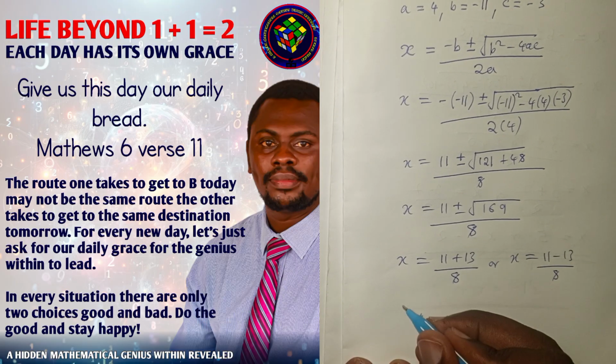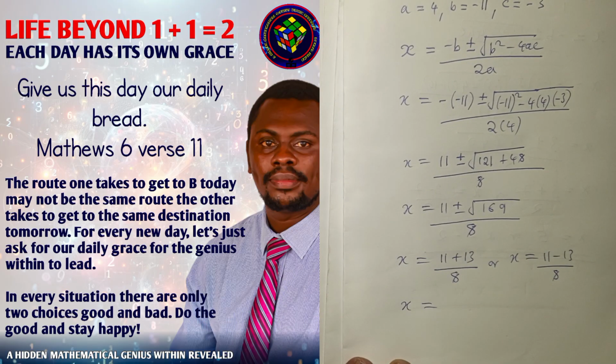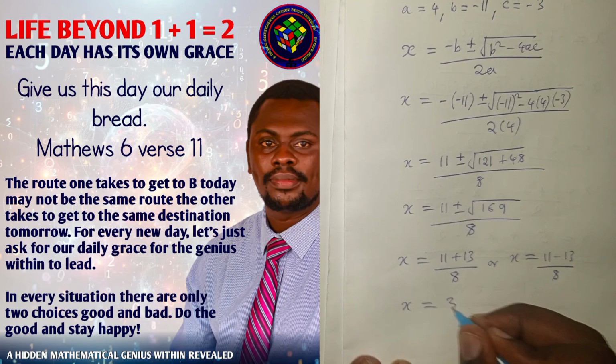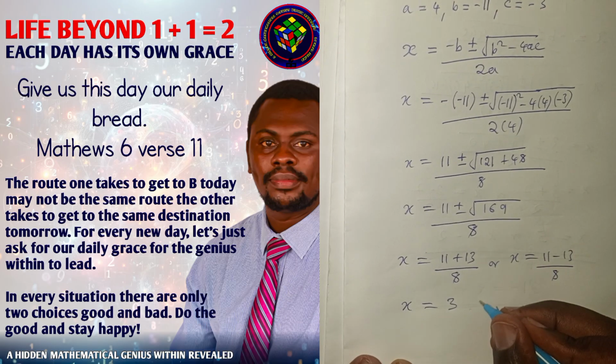Okay, so x is equal to, what is 11 plus 13? Yes, that is 24. And 24 divided by 8, you get 3. So x is equal to 3.